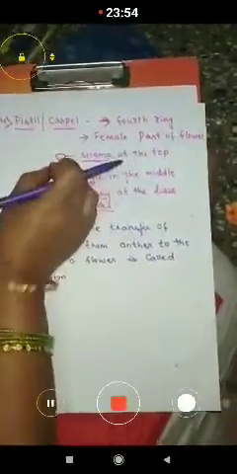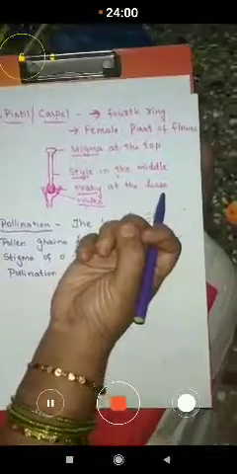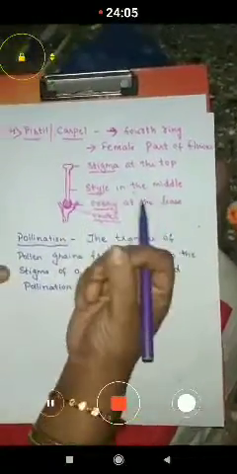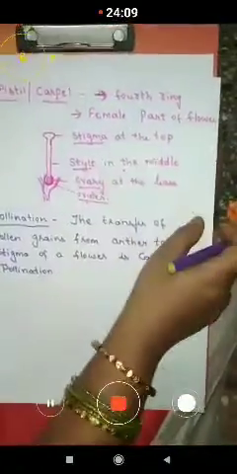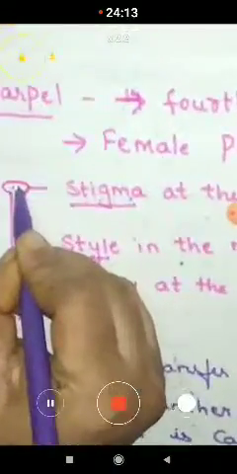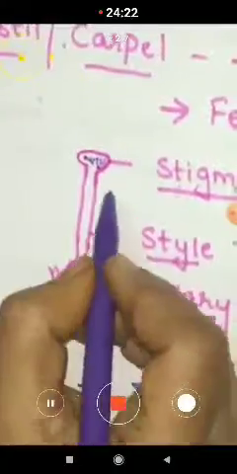Then it starts germinating. When the stigma receives the pollen grains, it starts germinating. And when it starts germinating, what happens? Now here inside we can observe the pollen grains, which have reached the stigma through water, wind, air or insects.